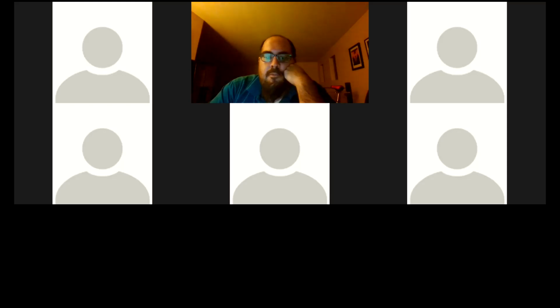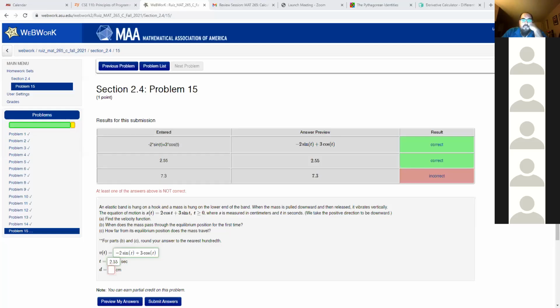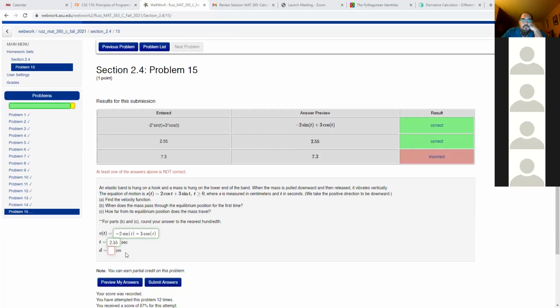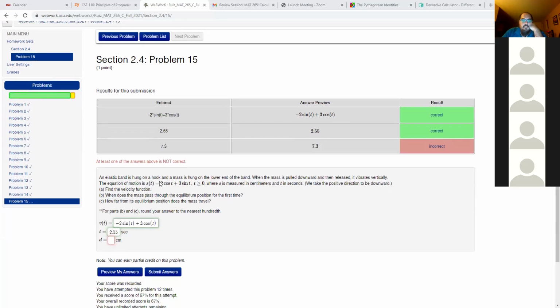Do you want to share your screen? A lot of these questions are randomly generated, so if I pull it up, I might have different numbers to look at. So let me stop sharing. Essentially right here, it asks how far from its equilibrium position does the mass travel?